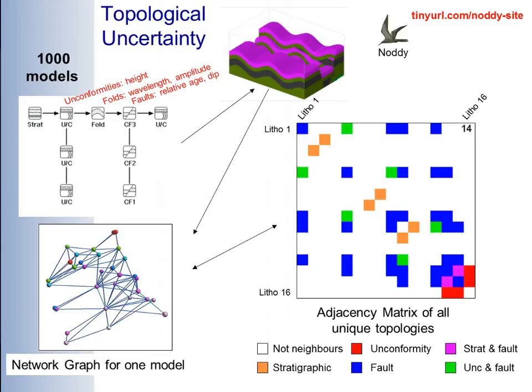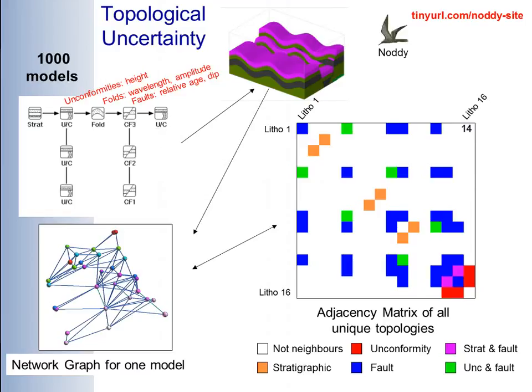If a square is colored, it means that those two different rock types were touching each other in the 3D model. They were really neighbors. And the color of the square tells you what sort of neighborhood relationship it was: if they're separated by faults, separated by unconformities, or there's a stratigraphic relationship.